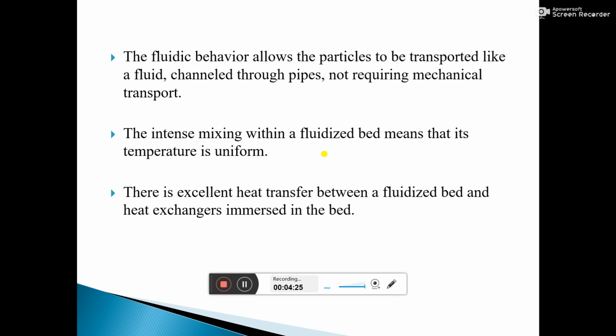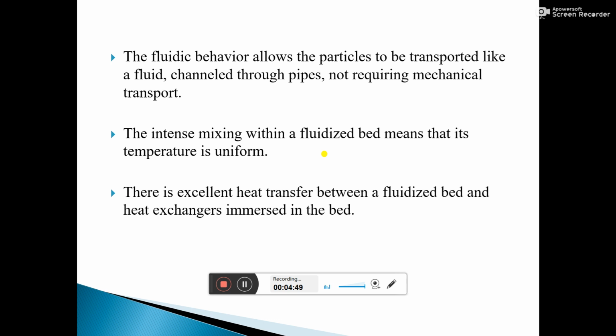The fluidic behavior allows the particles to be transported like a fluid channeled through pipes, not requiring mechanical transport. That is very important because for coarse particles such as sand, transportation is a very big problem.